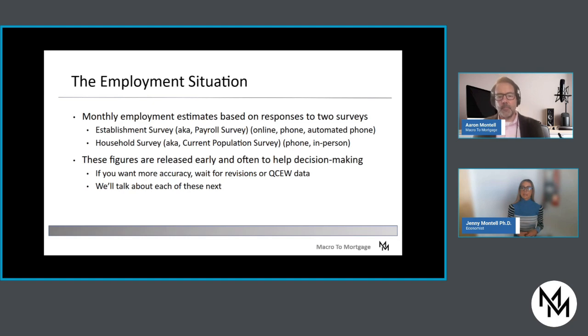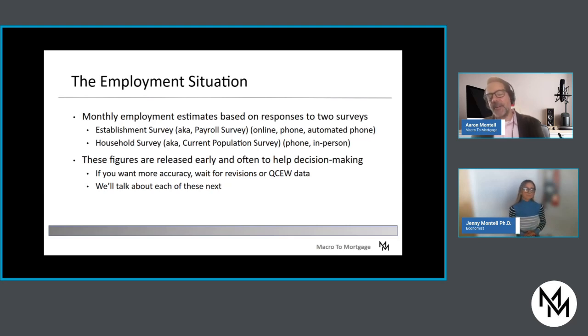But if you really need or want more accuracy, you will want to wait for revisions or use other data sets that aren't based on surveys but are actual counts, such as the Quarterly Census of Employment and Wages data, also known as QCEW or CEW data, which also comes from the Bureau of Labor Statistics, but uses different methods and measures a different set of employees. And we're going to go into all of that today.